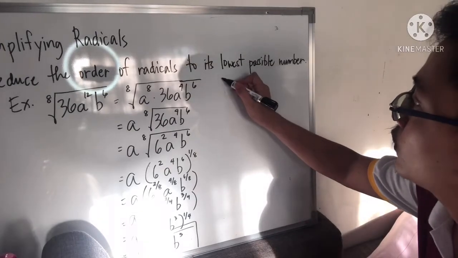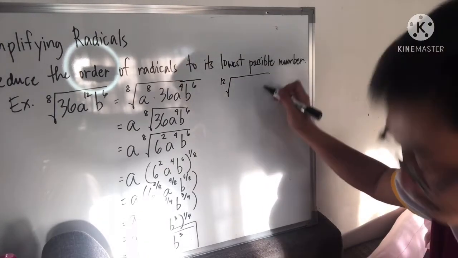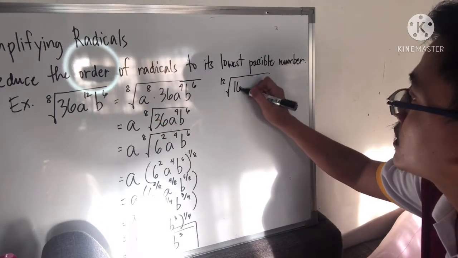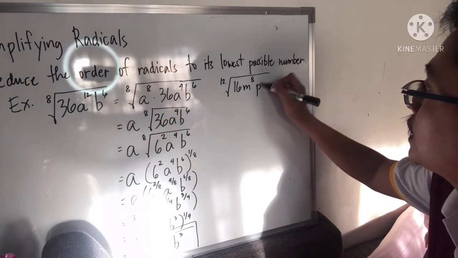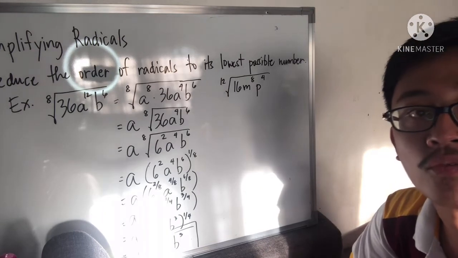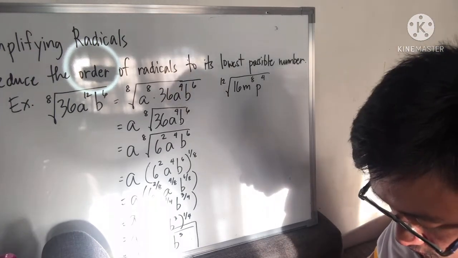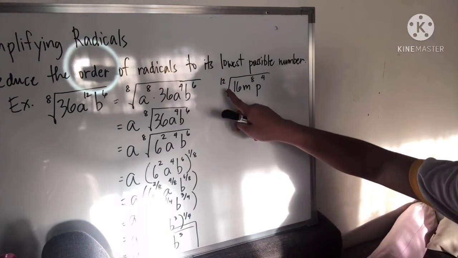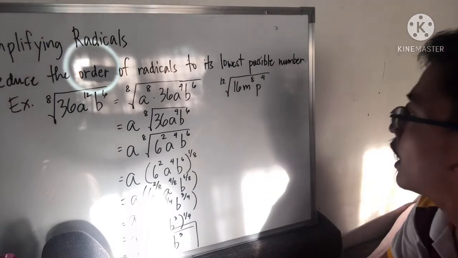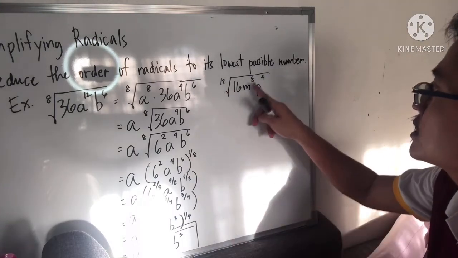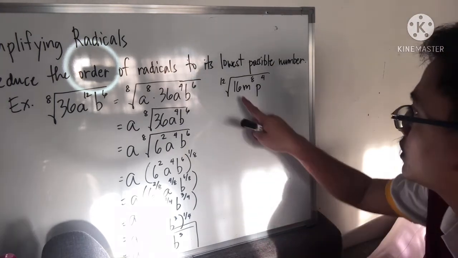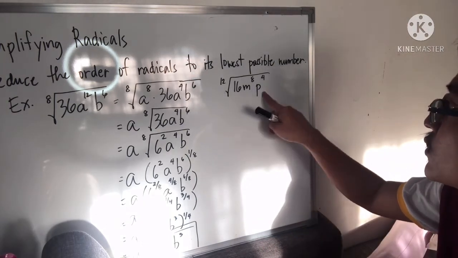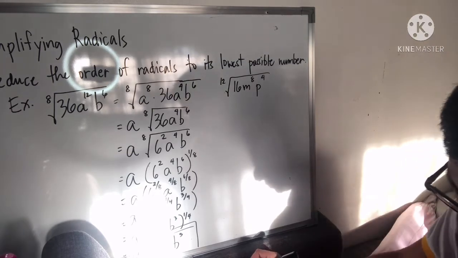Next, we have the 12th root of 16m raised to the 8th p raised to the 4th power. So, same thing, right? The index is higher than the exponents inside the radical sign. So, let's simplify this first.